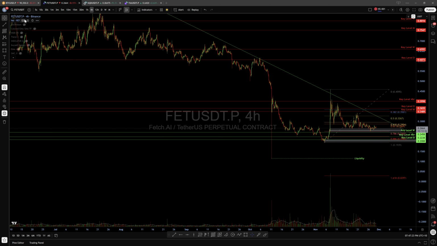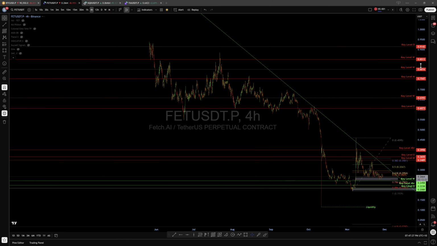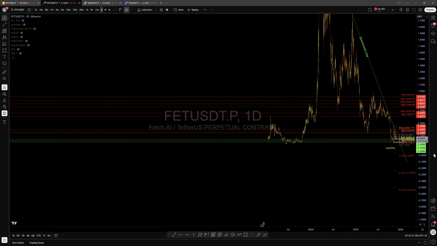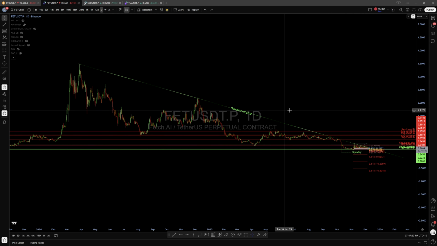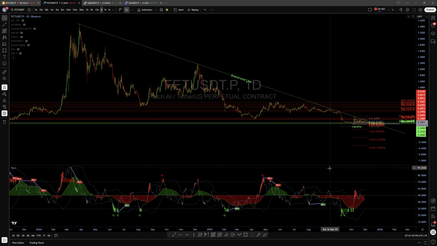Let's get some of these lines off the screen. And this is a daily or a weekly. Yeah, I think it's a weekly, but basically, you don't always get a trend line like this, but sometimes you do. And when you get one that's this big, it usually happens before a big move is probably brewing.